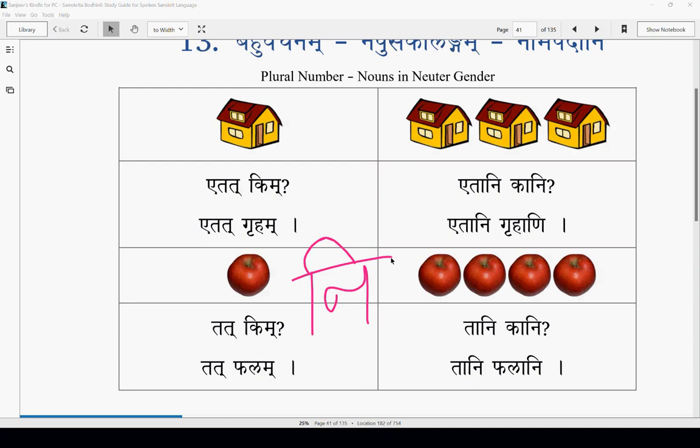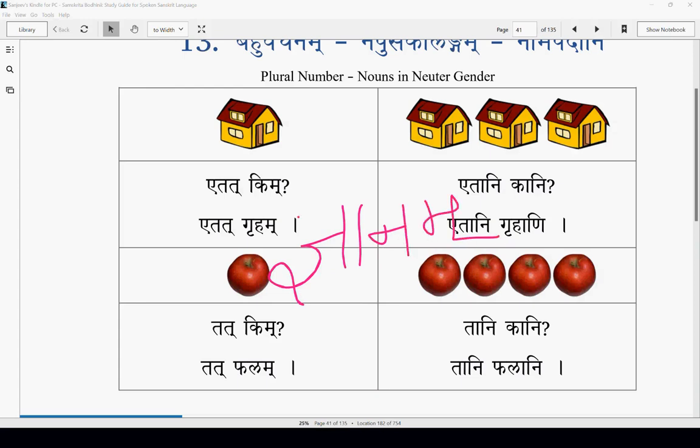Other examples: Vanam, Vanani. Jnanam, knowledge, Jnanani.